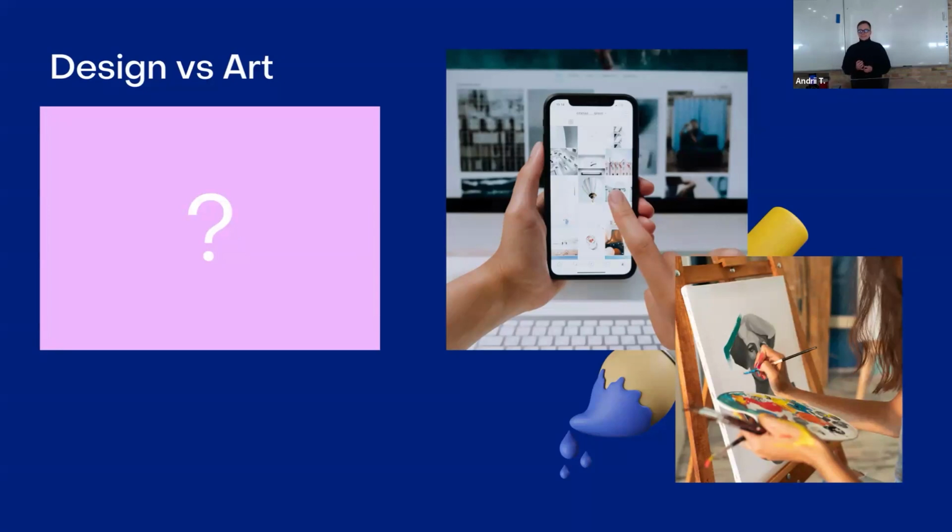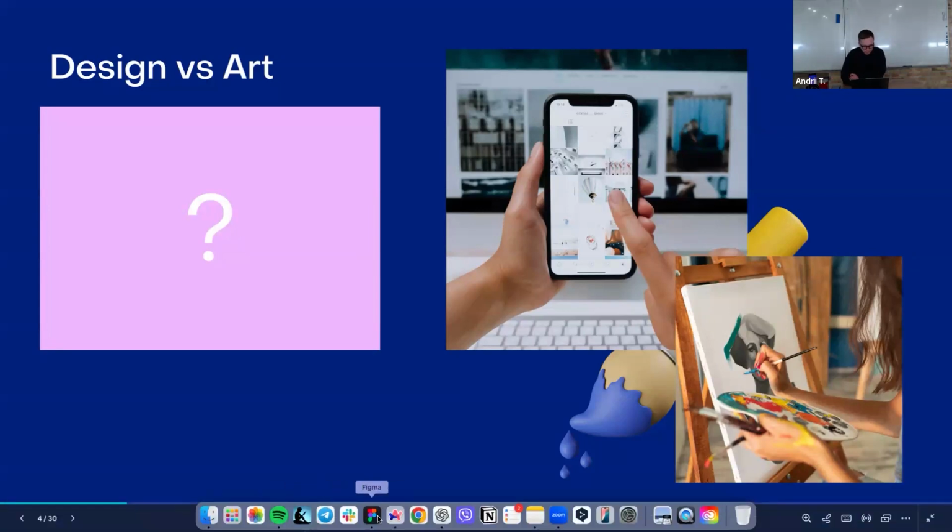But design always should also consider usability of the product. Yes, we have a special word for this, not only usability, but problem solving activity. So design tries to solve the problem, but art not really. Okay, okay, this is it.